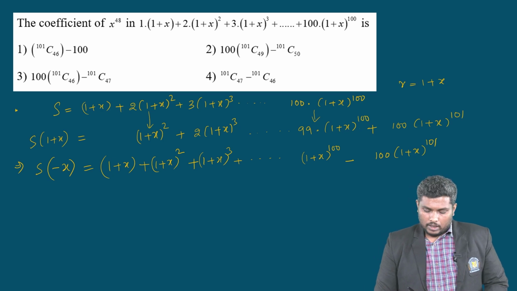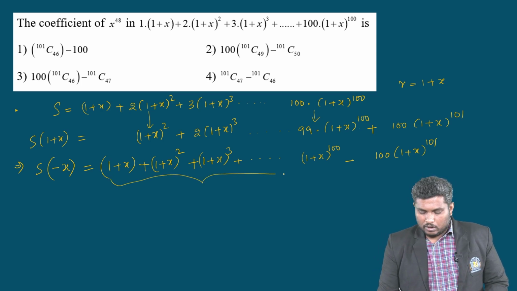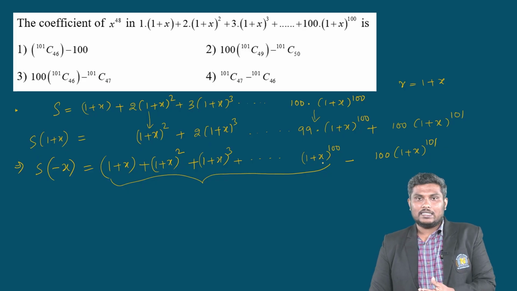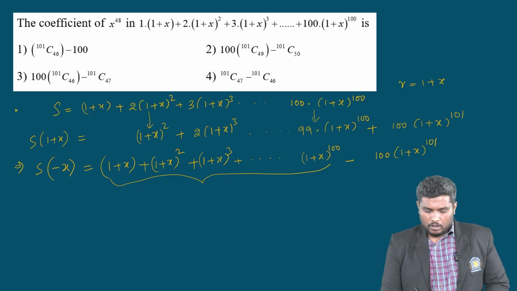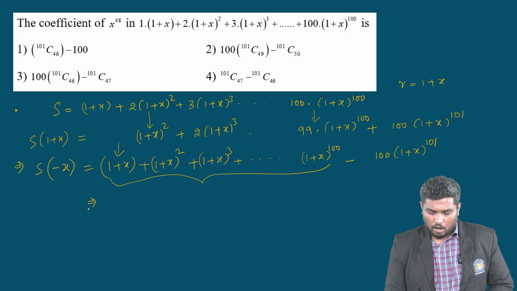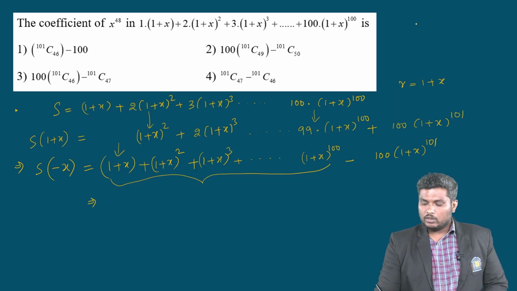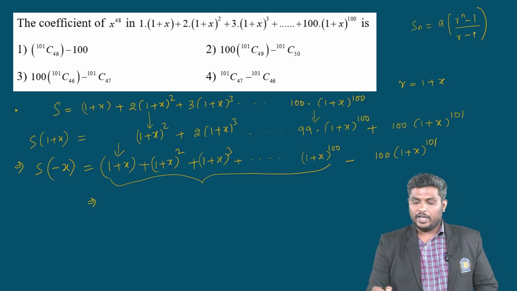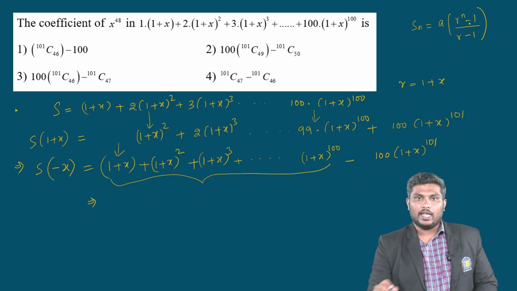Now one can easily observe that this is a geometric progression. The first term is 1 plus x, there are 100 terms, and the common ratio is 1 plus x. The sum of n terms of a GP is a into (r power n minus 1) by (r minus 1).